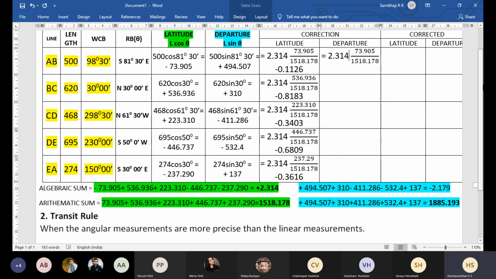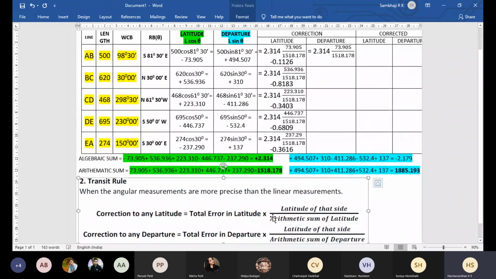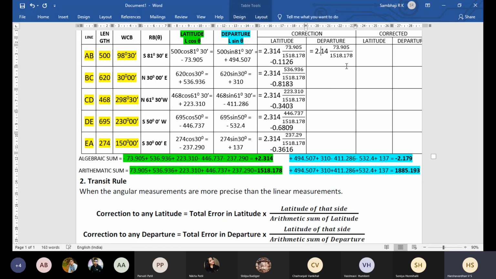Okay, so the formula is total error in departure, which is 2.179, into departure of that side, 494.507, divided by arithmetic sum of departure.